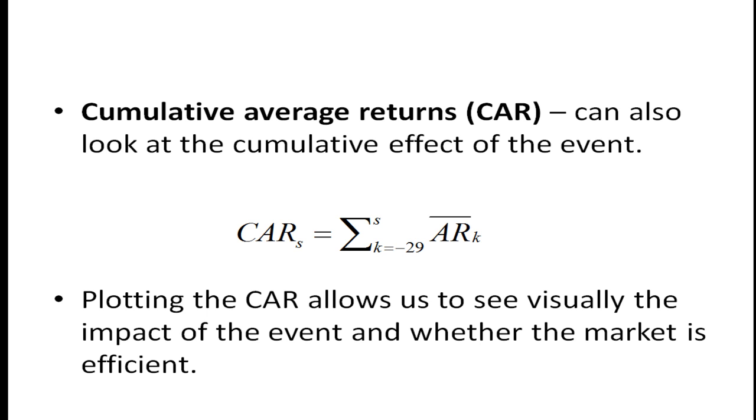So what we're going to do is take the average return in, for example, time period minus 29, so 29 days before the event, and then add it to the one for minus 28. So it's going to be the average return for the first period plus the average return for the second period, and then the next one for the third period, etc.